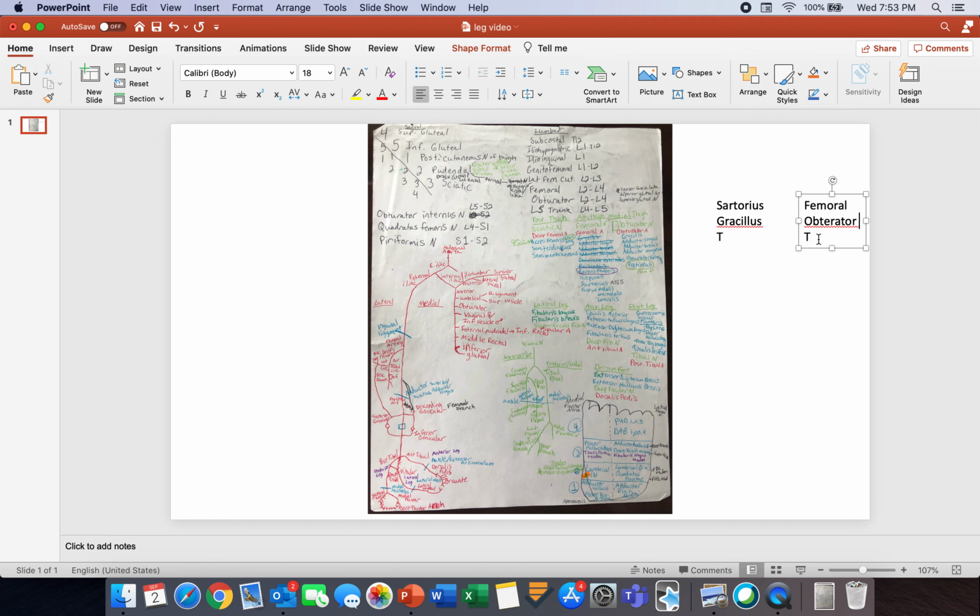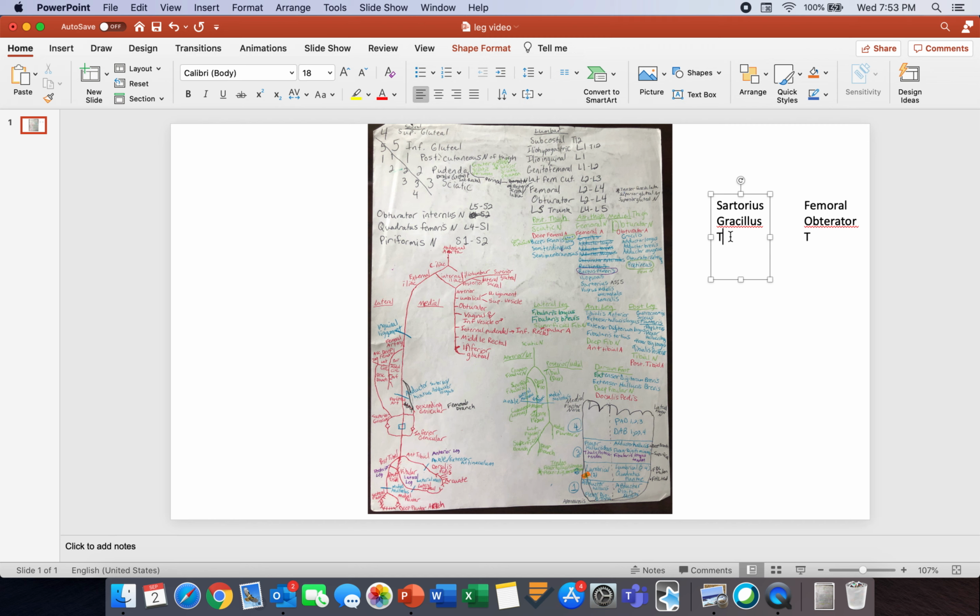The obturator nerve is going through the obturator canal, and that provides all of your medial aspects of the thigh, like your gracilis, your adductors, and your obturator externus. It will also do pectineus, but pectineus is dually innervated. It will also get the femoral nerve in addition to the obturator nerve. So just kind of be aware of that.